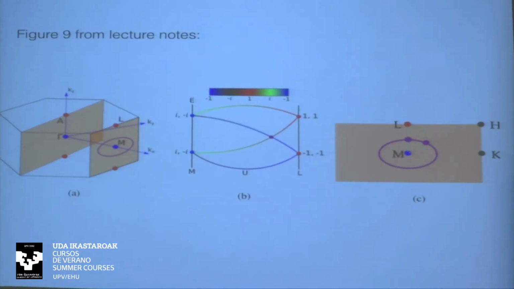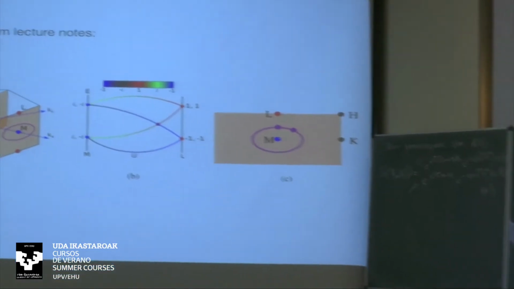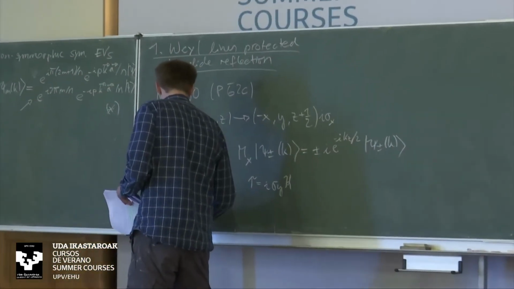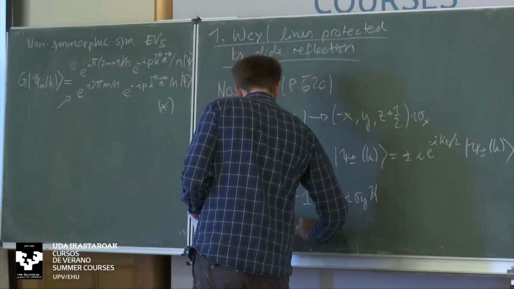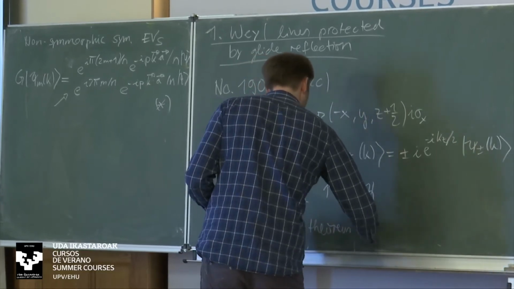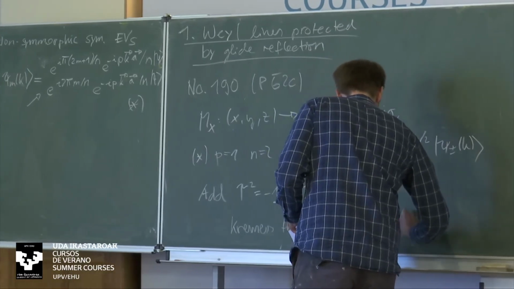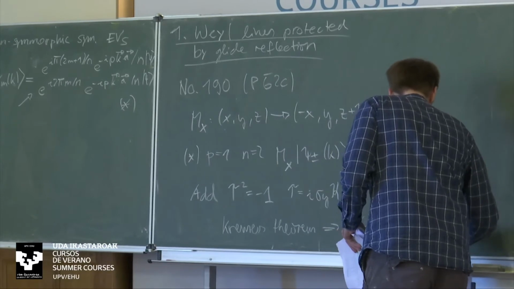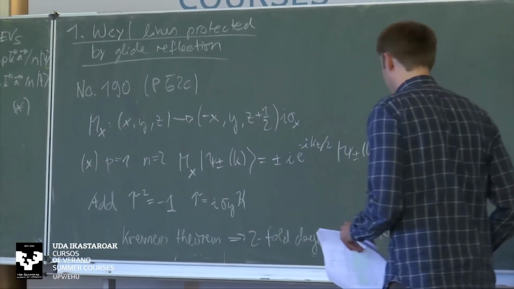And in particular, we find from Kramers' theorem that there has to be a degeneracy at these time reversal invariant points. Kramers' theorem says you have twofold degeneracy at these time reversal invariant momenta.